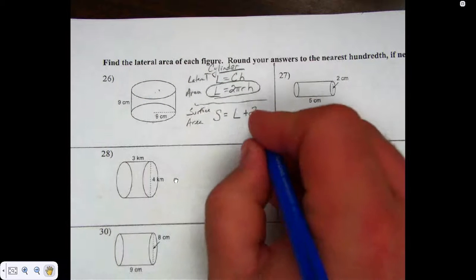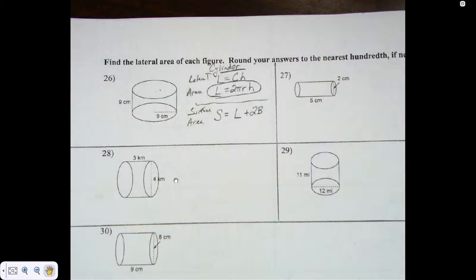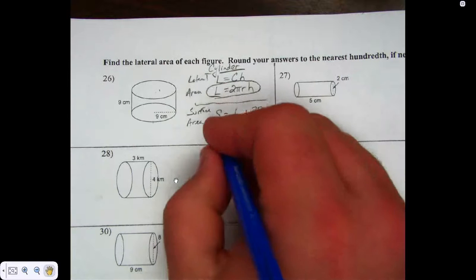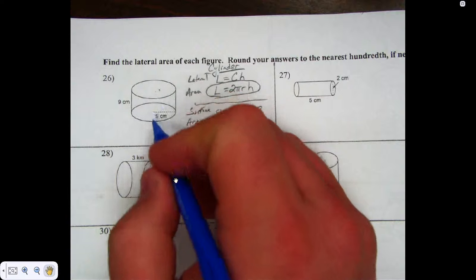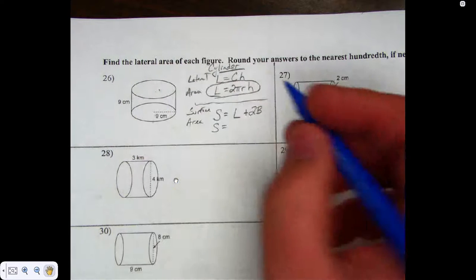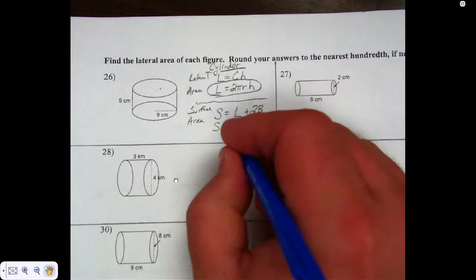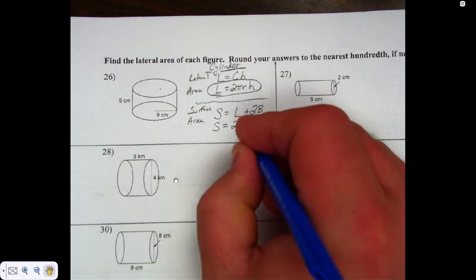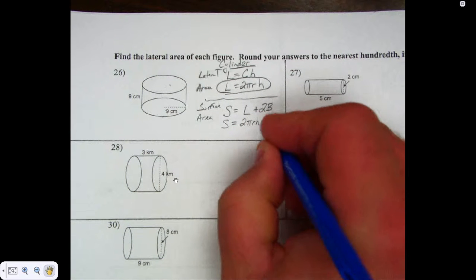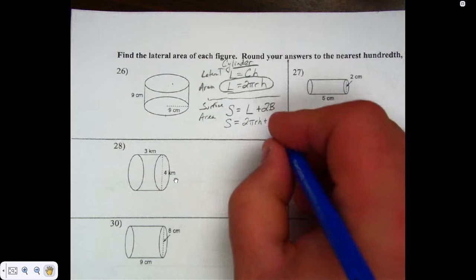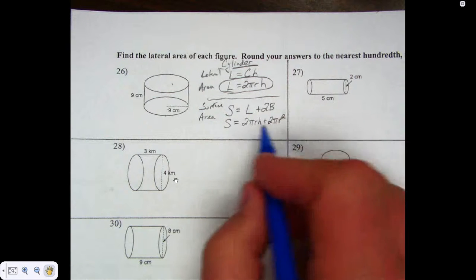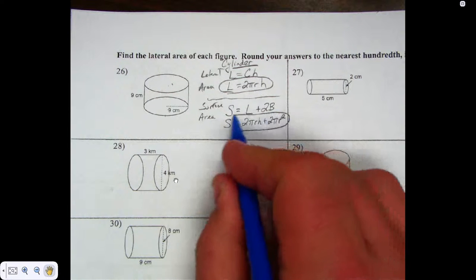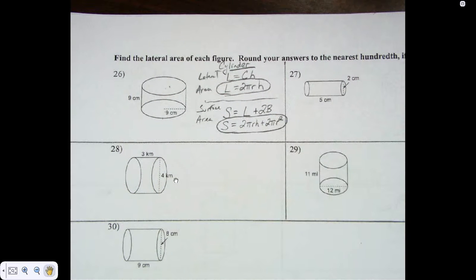So 2 times capital B. So it's really the same. Here's the only difference though. Because the bases here are always circles, I can put more specific information in here. 2 pi rh plus 2 times, what's the area? How do you find the area of a circle? Pi r squared. So there is your formula for the total surface area of a cylinder.